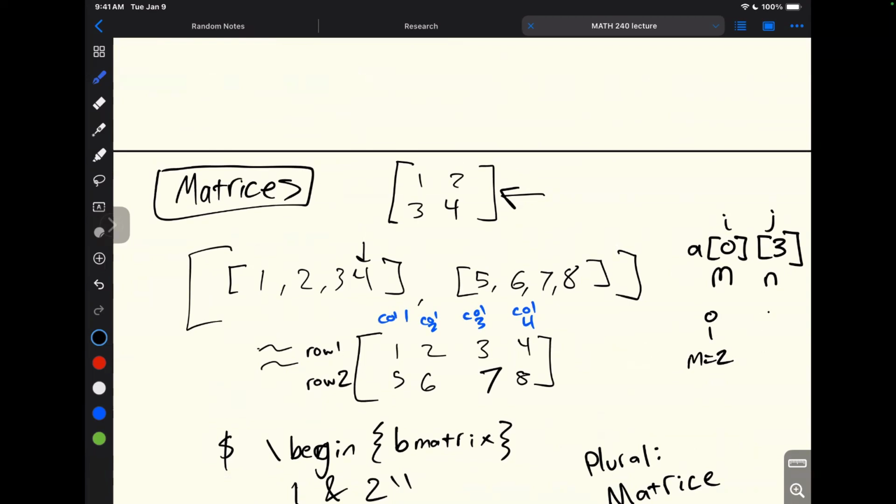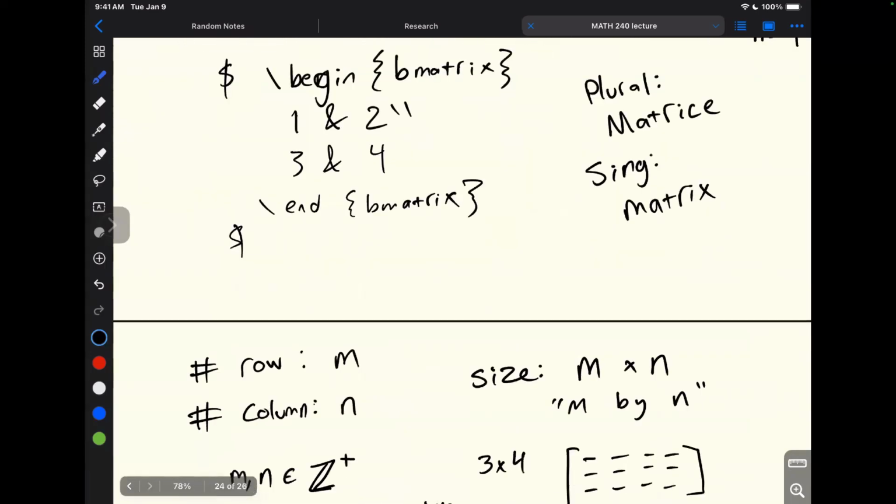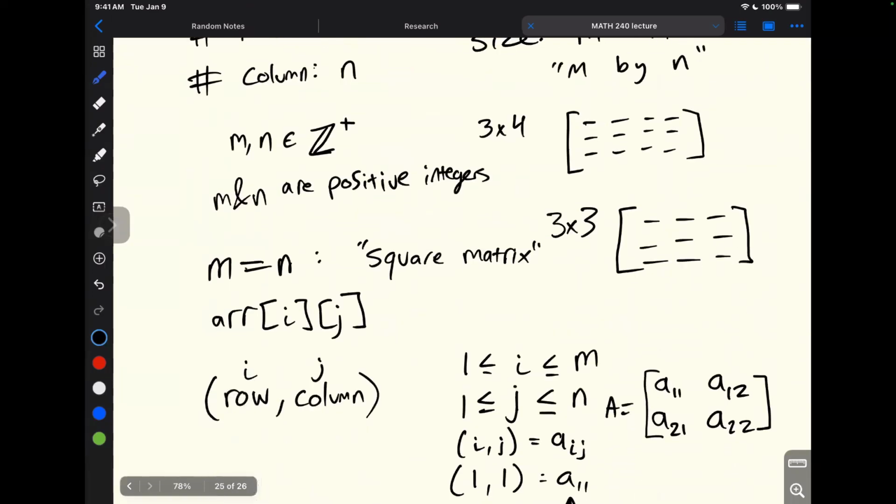And for N, our options are 0, 1, 2, or 3, when N is equal to 4. So we're shifting our counting by 1. We start counting at 1 with matrices. Other questions? Great.